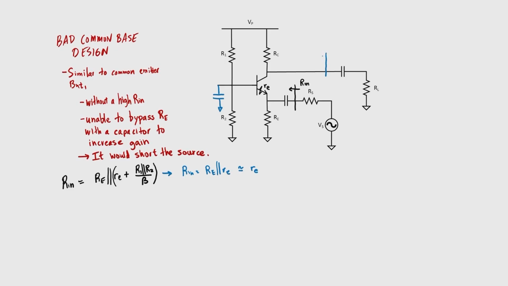The output impedance of a common base amplifier is nearly R sub C, so it's no different than it would have been in a common emitter configuration. So, all things told, is there really any advantage to the common base amplifier? Well, indeed there is, but it involves an understanding of how the amplifier behaves at high frequencies. The common base configuration works better at high frequencies than the common emitter configuration. And we're going to talk about that in the next video.